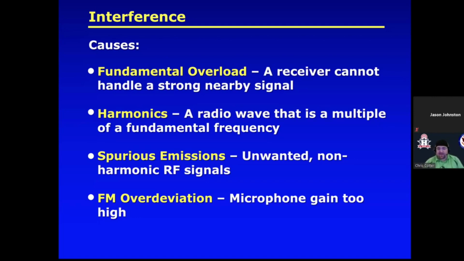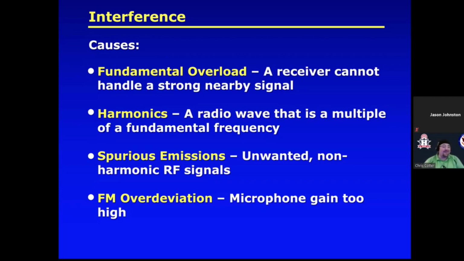Harmonics. As you're transmitting, a harmonic is just a natural multiple of the frequency. So if I'm transmitting on, let me just say, 200 megahertz, there's going to be a harmonic at 400 megahertz. Now, how well your radio is able to filter that out, basically a better radio will be able to filter out that harmonic.